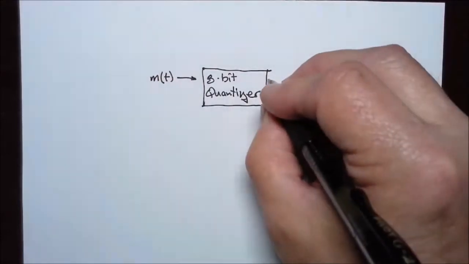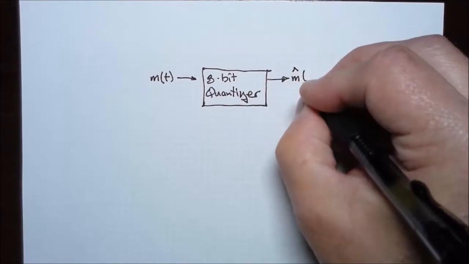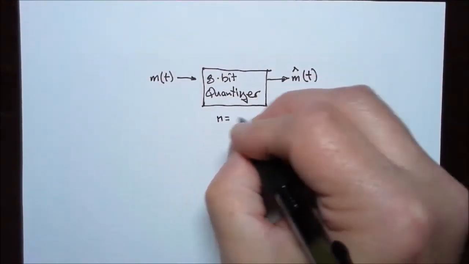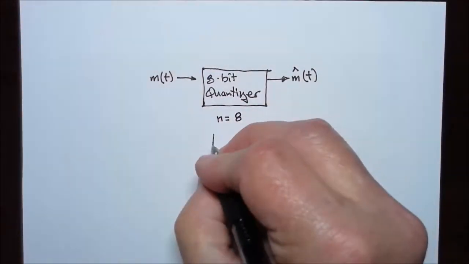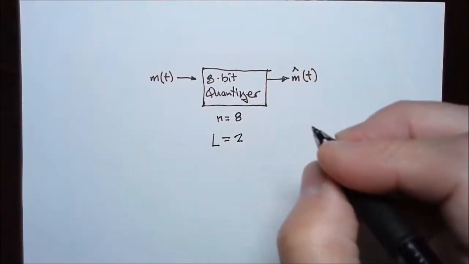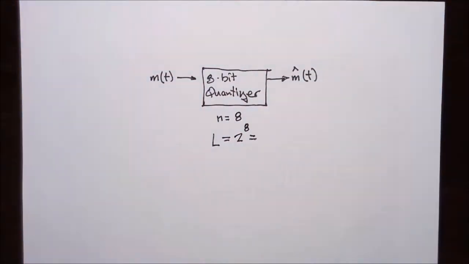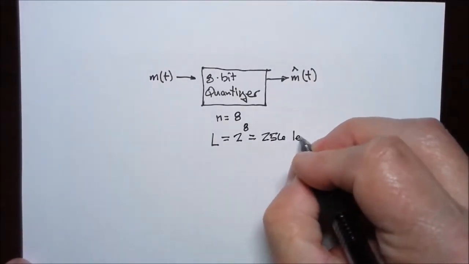What will result is a quantized signal. We've got n, the number of bits per sample, equal to 8. So that makes the number of levels 2 to the power of 8. And 2 to the 8th power is, let's see, 2, 4, 8, 16, 32, 64, 128, 256. That's 256 levels.